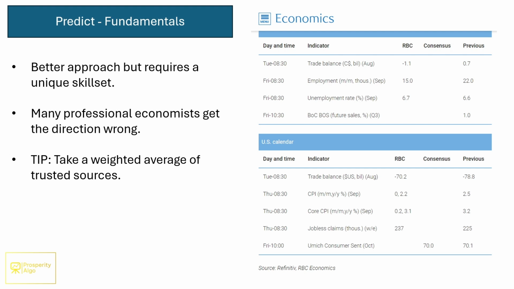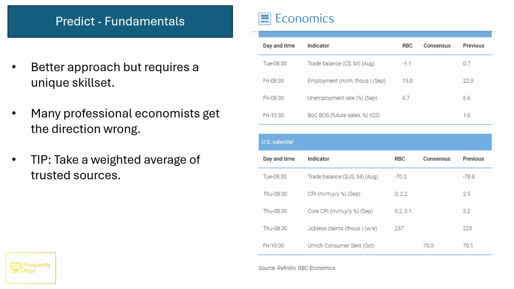So let's say NFP is on a Friday. The Friday before that NFP, all of the banks will put out their economic forecast as to where they think the number will land in relation to the consensus. And then it's as simple as taking a weighted average of whatever sources you like to use and using that in relation to the consensus to give you an idea of where price will go.